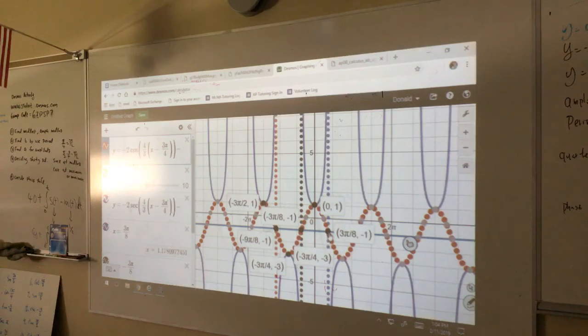Cosecant is easier. CSC of 2x minus pi over 3, and we're going to do plus. Plus is going to change the game a little bit differently. Your starting point is going to be on the left hand side, and then we're going to say plus 1. We're going to use pi over 6 as the grid, and half a grid is pi over 12.